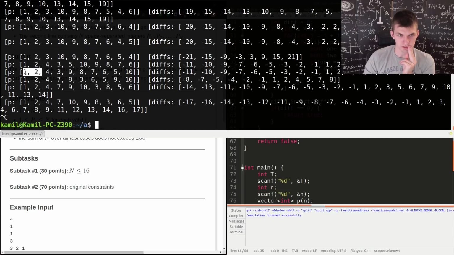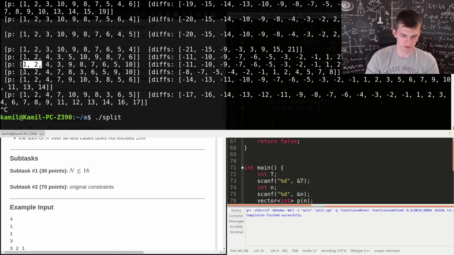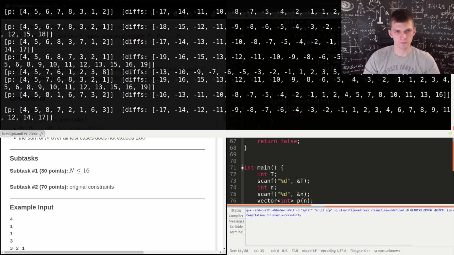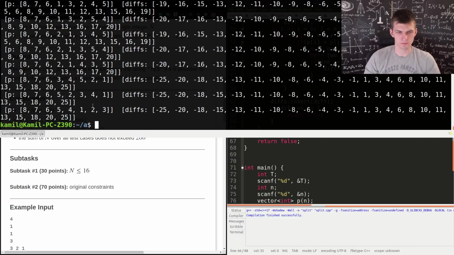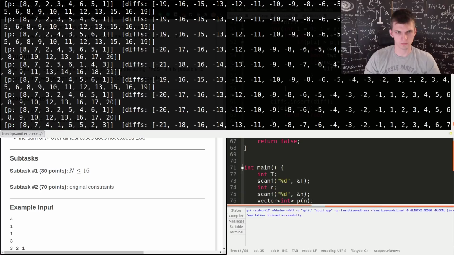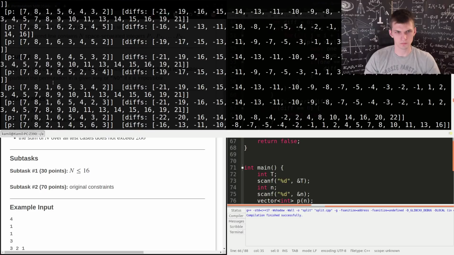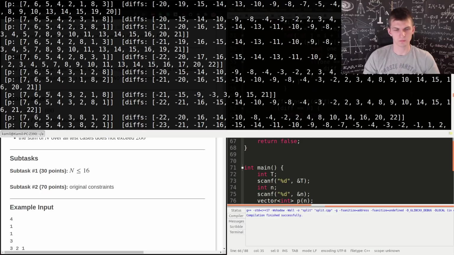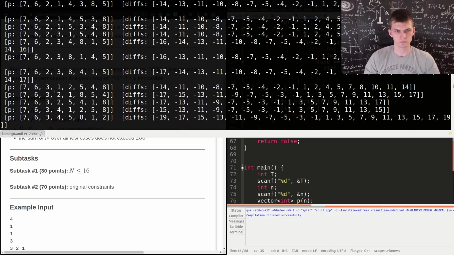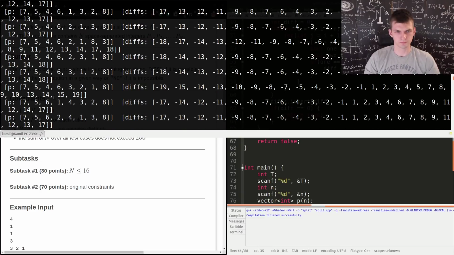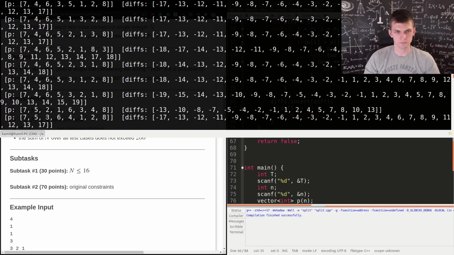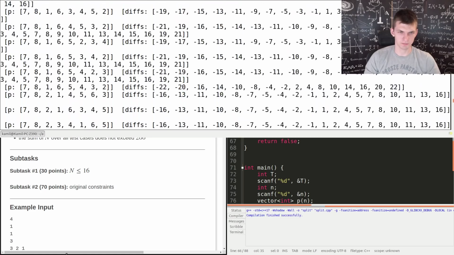This is almost sorted, so like number 1 and 2, they don't really produce anything. Maybe I will try to find a long decreasing subsequence.